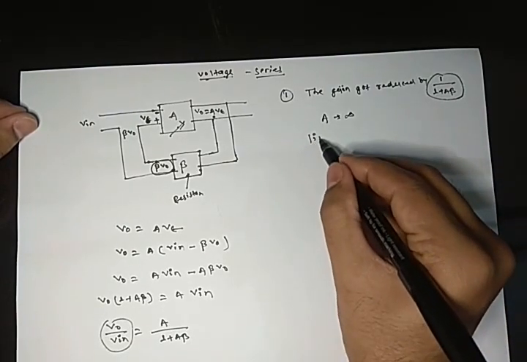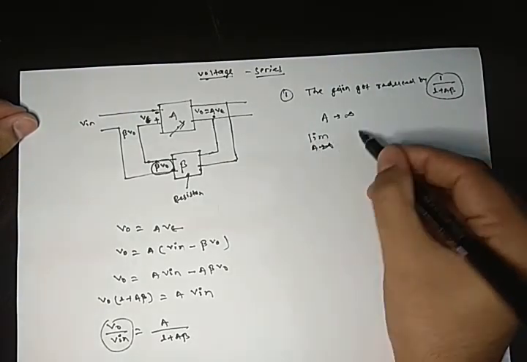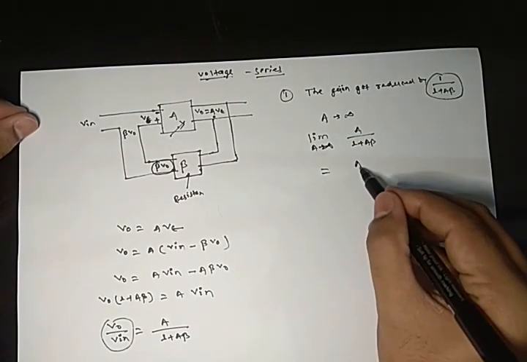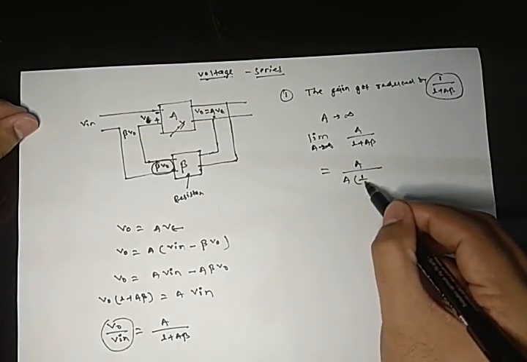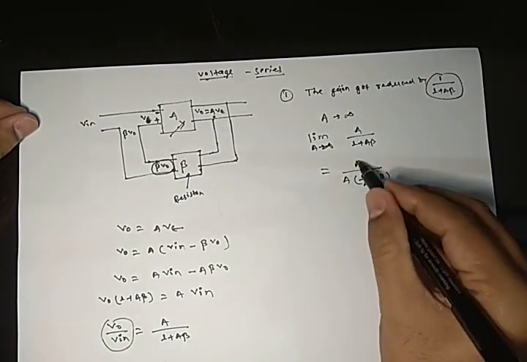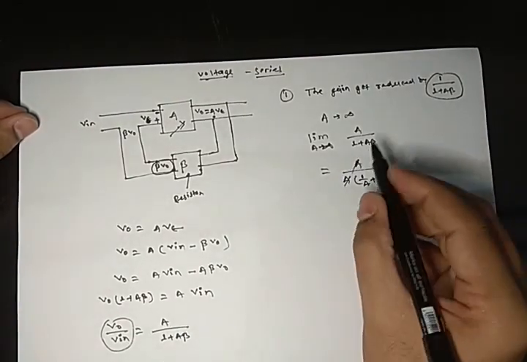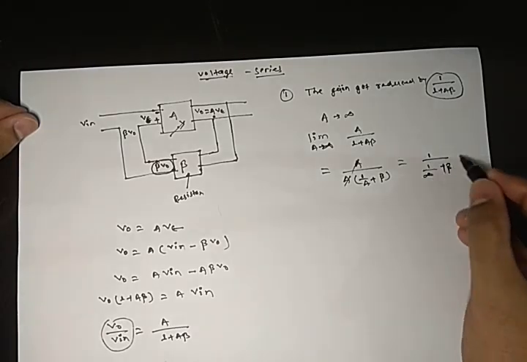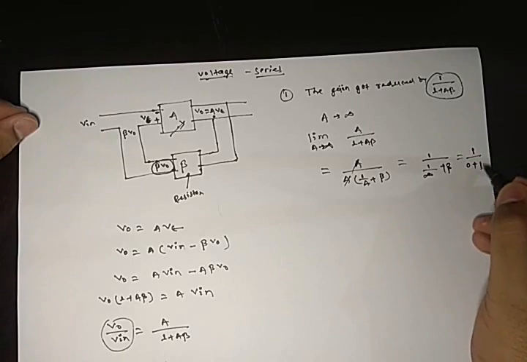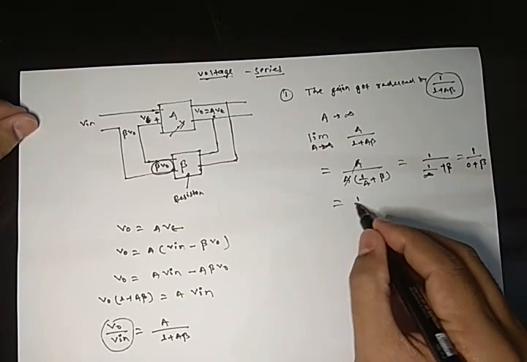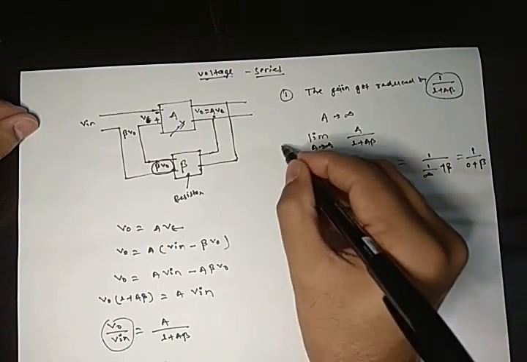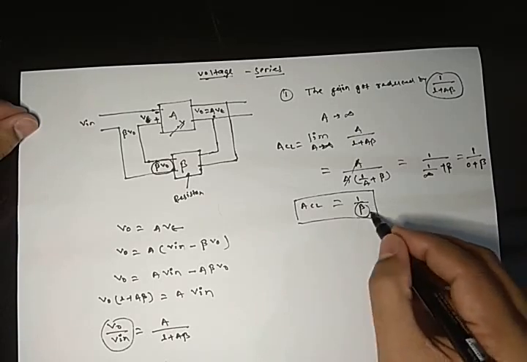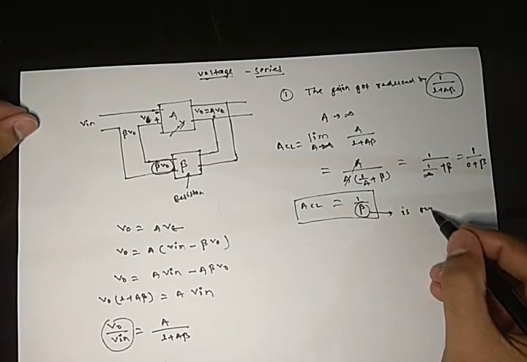Now applying limit A tending to infinity to a function A by 1 plus A beta, taking A common, 1 by A plus beta, this A got cancelled. Now putting A equal to infinity, 1 by infinity plus beta, this is nothing but 1 by 0 plus beta. Now we got 1 by beta, A closed loop. So this beta is in our control.